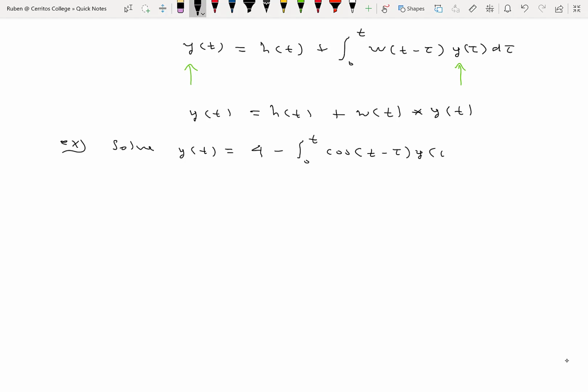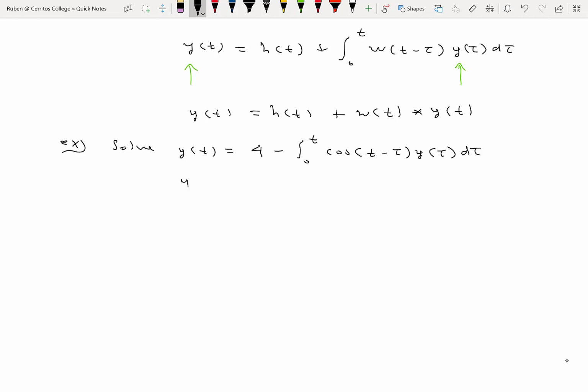So this is an example of a Volterra integral equation. Okay. Well, it would be nice to get rid of that integral, but we can't because we don't know what y of tau is. So we're stuck with that there. That's what makes it an integral equation.